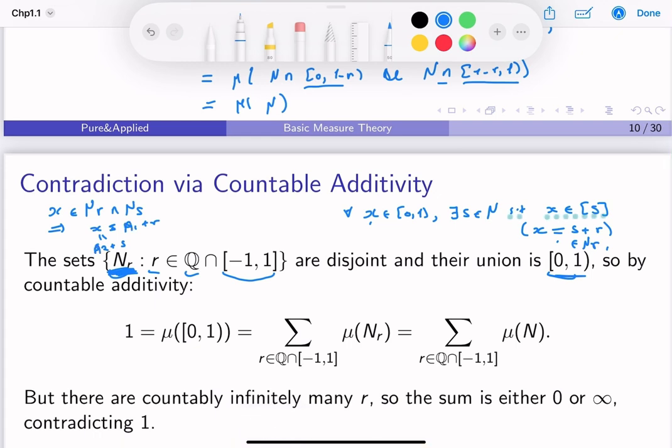So these are elements of N, and we're translating them. We might be translating by r minus 1, but it doesn't matter.